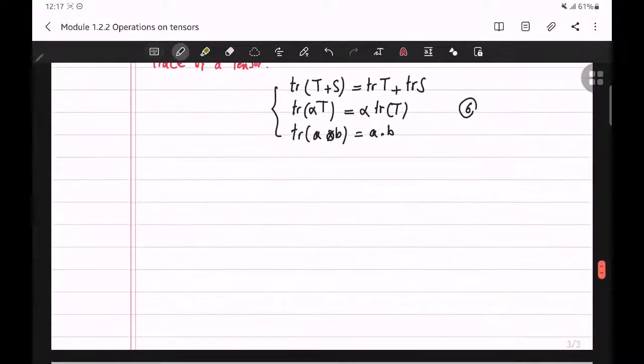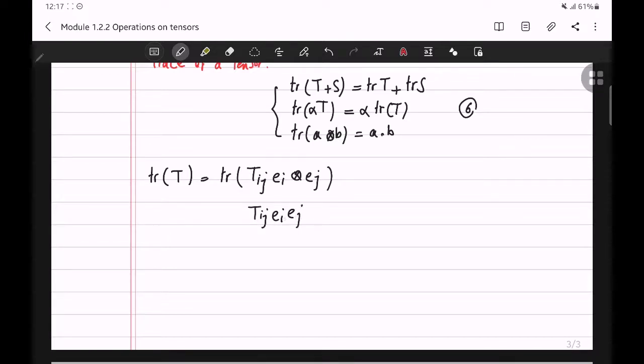All right, so if we have the trace of a tensor like T, we define it as the trace of Tij Ei dyad Ej. The book used Tij Ei Ej, but the dyad is missed there, so I use this kind of notation.